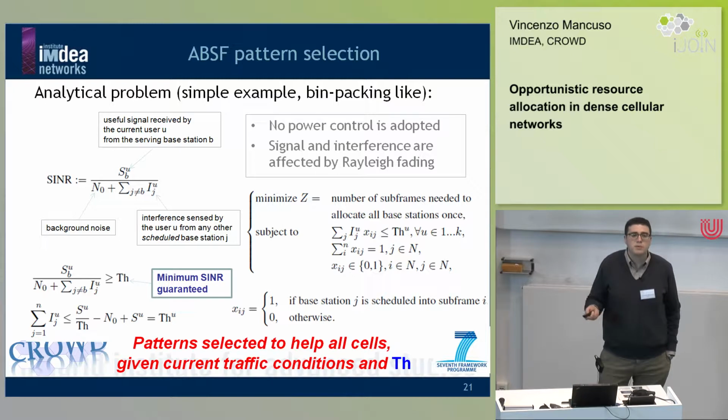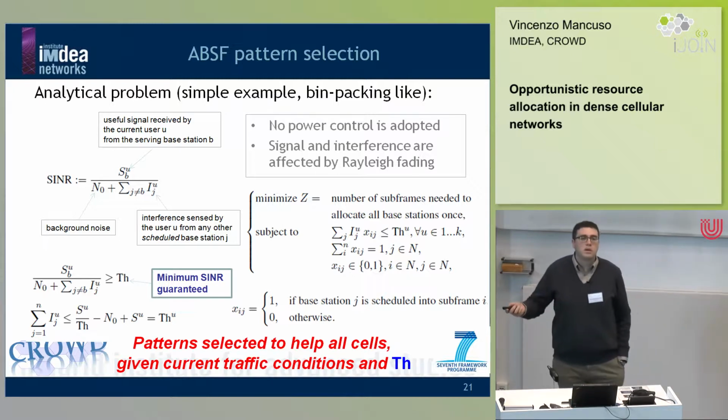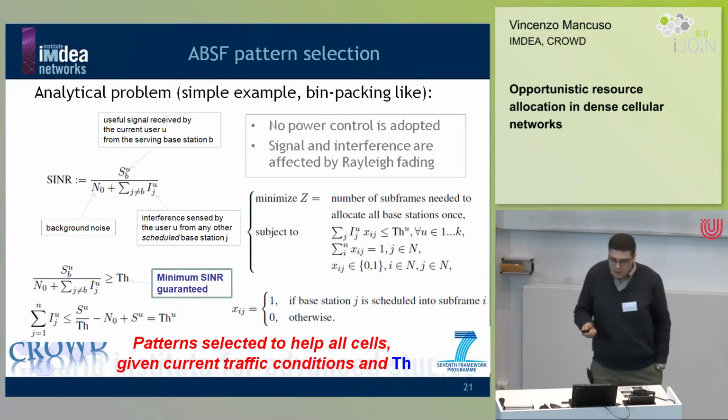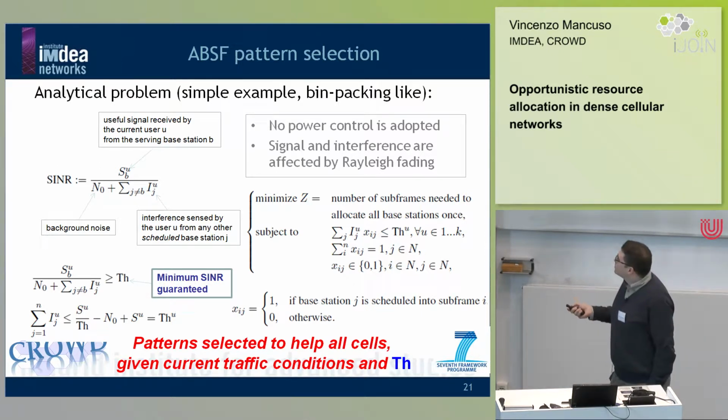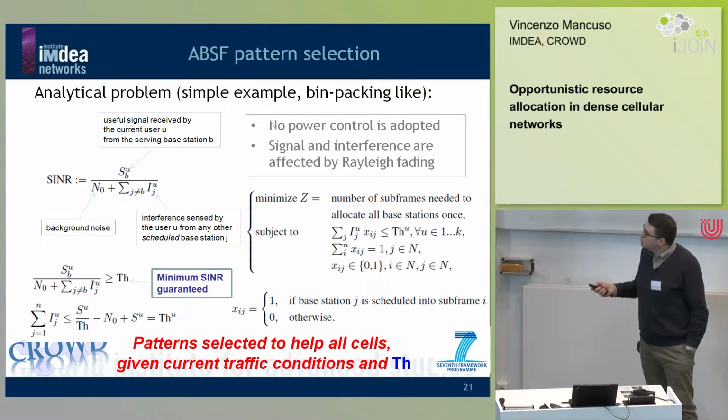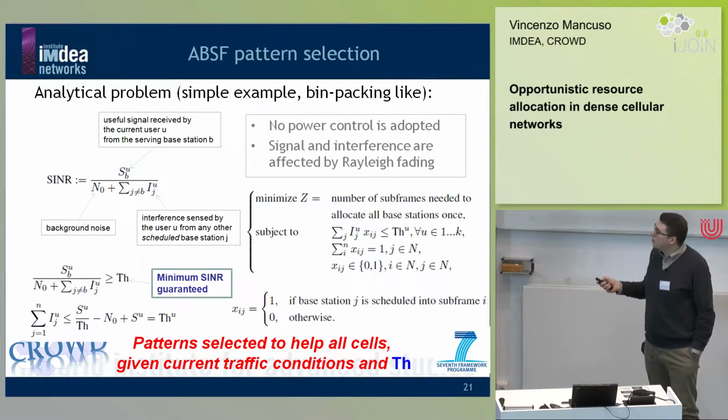Which base station is going to be able to transmit? You cannot put all of them because they will interfere too much. You cannot put just one because then you are not using spatial reuse. You need something in the middle. And this problem is NP-hard. In the problem that we have been studying since the beginning, basically, we try to find patterns selected to help all the cells.